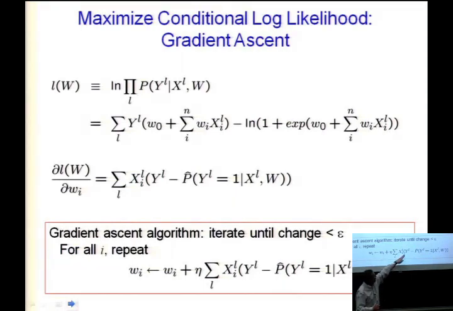On the other hand, if y equals 0, this works too. If y equals 0, we want the probability that y equals 1 to be 0, meaning that it's not 1. And 1 minus this quantity is the probability that it's 0.